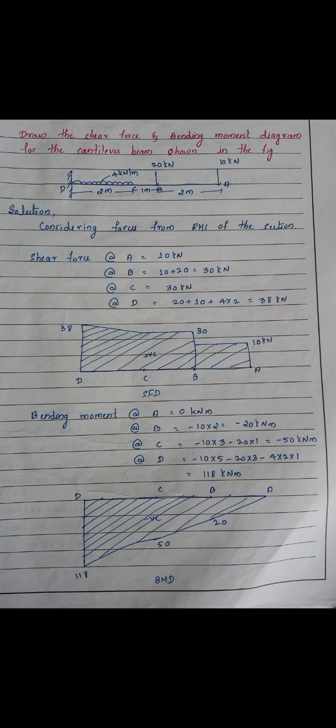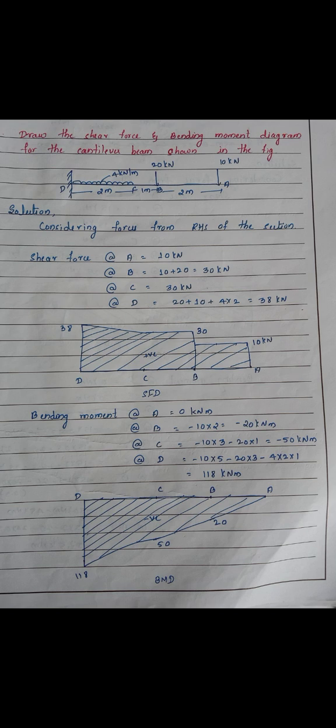In the same way, for the bending moment at D, we will consider three loads, that is the 20 kilonewton point load, the 10 kilonewton point load, as well as the UDL of 4 kilonewton per meter. First we take the bending moment at D from the 10 kilonewton load, that is load into perpendicular distance. From A to D the perpendicular distance is 5 meter, so it will be minus 10 into 5. For the 20 kilonewton load, the moment at D is minus 20 into 3.